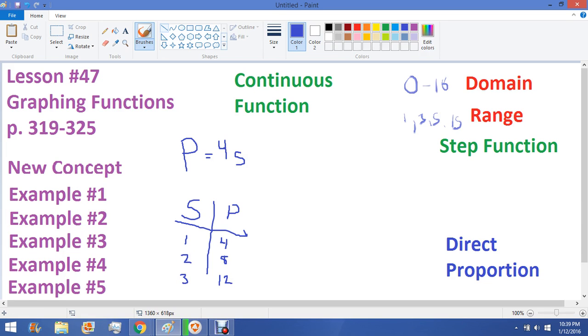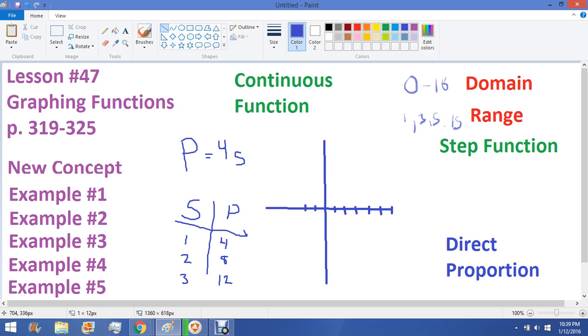I'm just going to put a real rough graph on here. It looks like this. And we'll put a couple little marks on here. 1, 2, 3, 4, 5, 6.